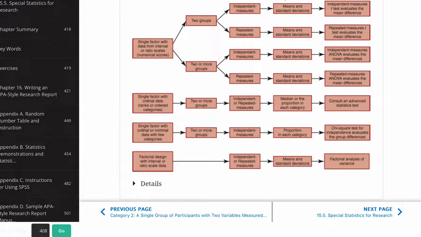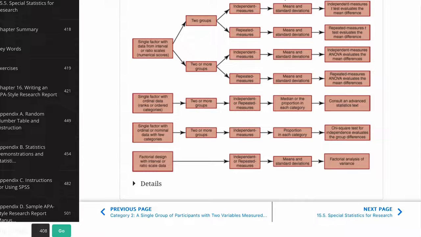is, again, going to be in an advanced statistics textbook. And then the nominal data, as always, chi-square test. And then the factorial designs, if it's 2-factor or 3-factor or whatever, if there's more than one independent variable, you're going to have to use that factorial ANOVA that we talked about a few chapters ago.